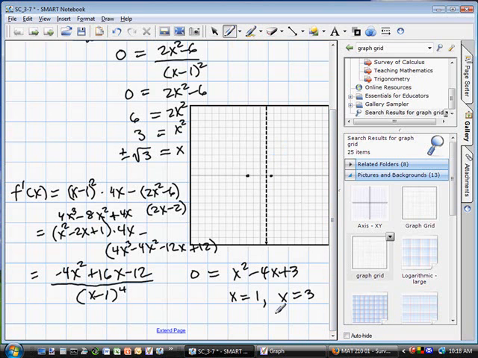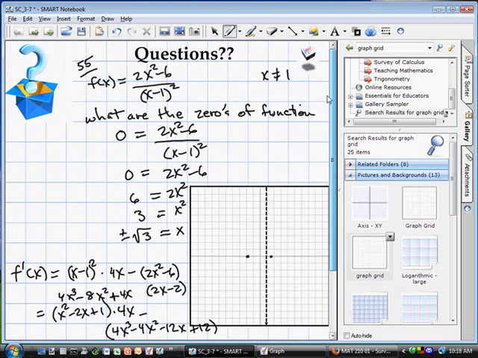Maybe we could do this. What is the value when x is 3? Going back to the original function, what's the y value? Let's do it. What's f of 3? 18 minus 6 is 12 on top, and 4 on the bottom. So it's 3. So 3, 3.